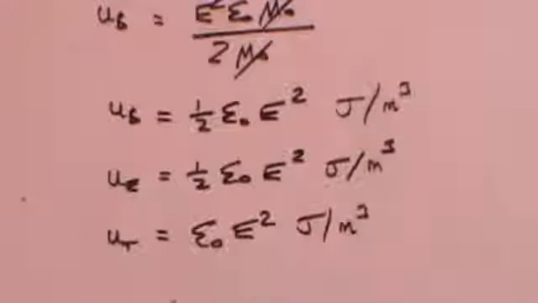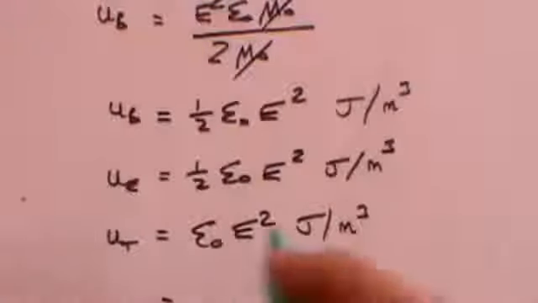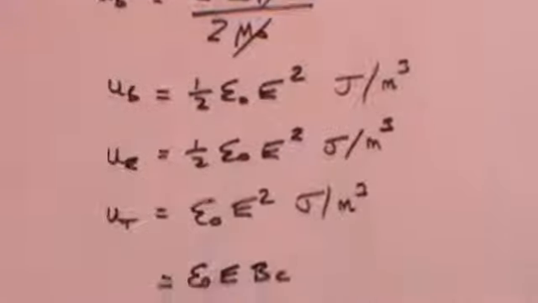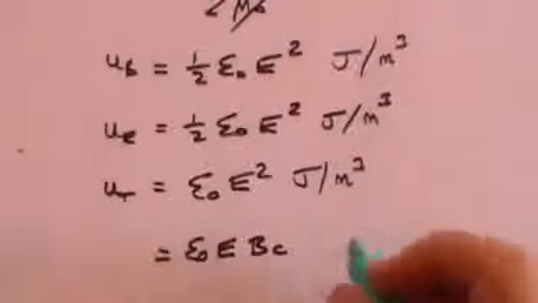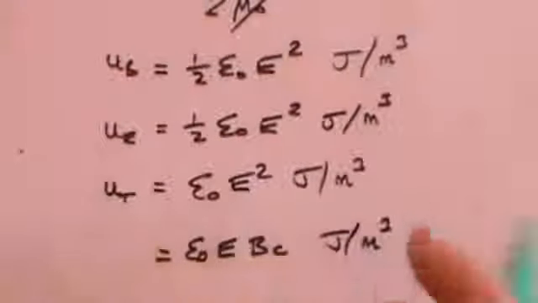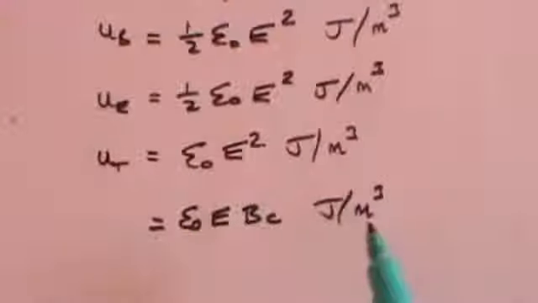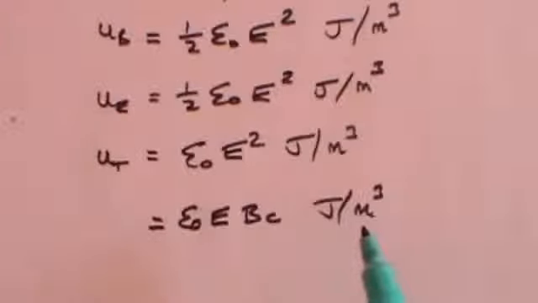Or you could write that, knowing that E is equal to B times c, you can keep one of the E's but replace the other with BC, and that's joules per metre cubed. Since we've simply taken one of the E's and called it BC, that gives us this term here for the total energy per unit volume in the electromagnetic wave.